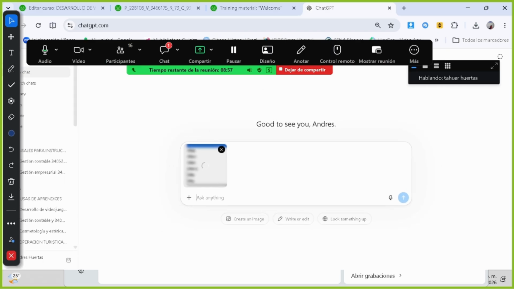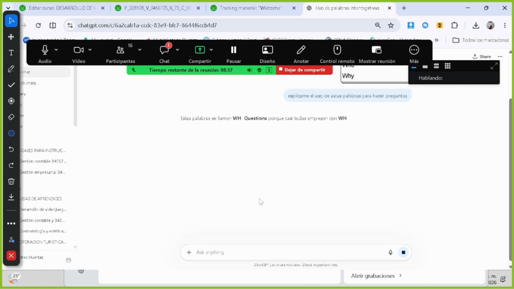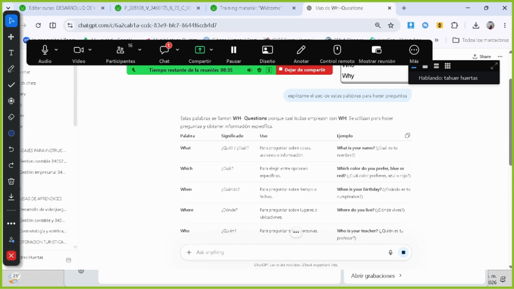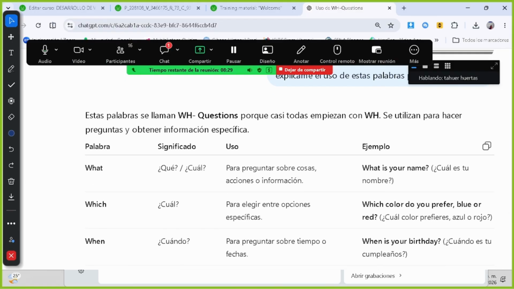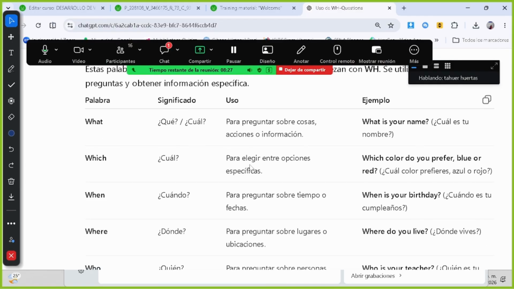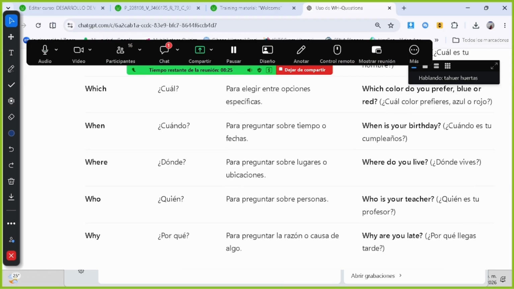We can ask ChatGPT. Here, explain the use of these words. Okay. So here you can see the explanation.